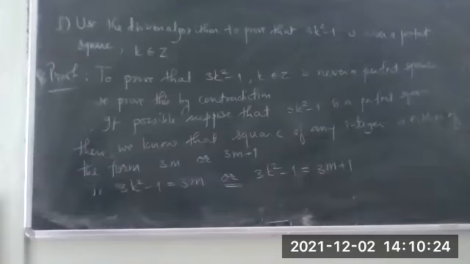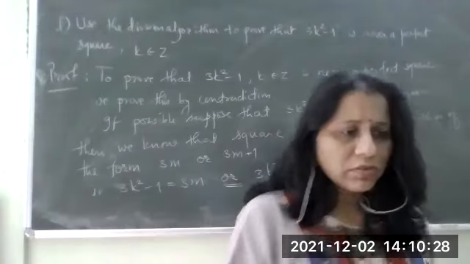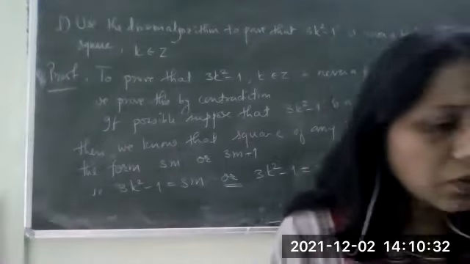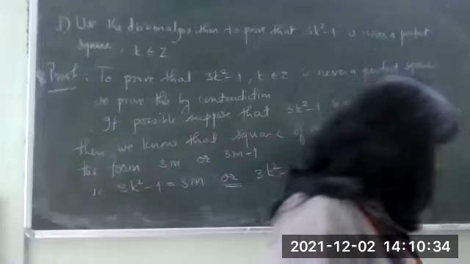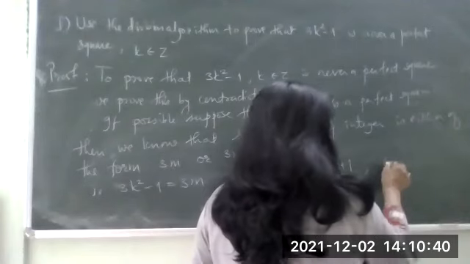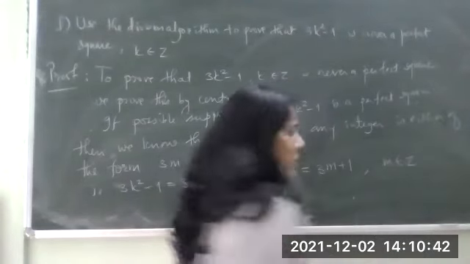Let us take 3k² − 1 equal to 3m. We find the value of m from this. Here m again belongs to Z, m is an integer.